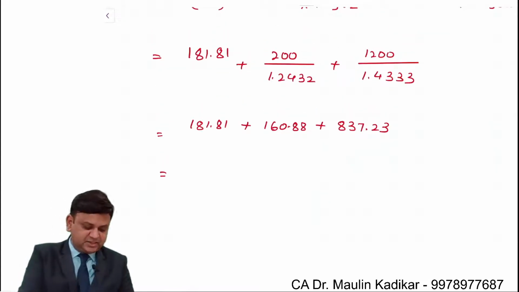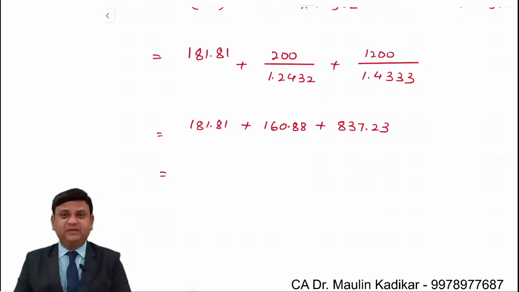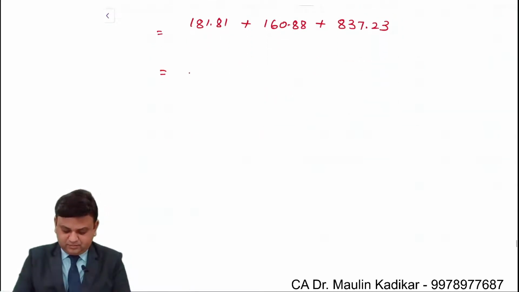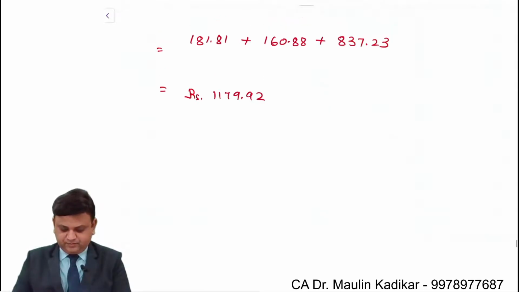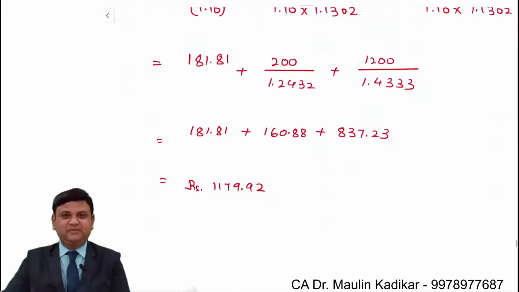So the final answer is 181.81 plus 160.88 plus 837.23. So 1179.92. That is the way the P0 can be calculated.